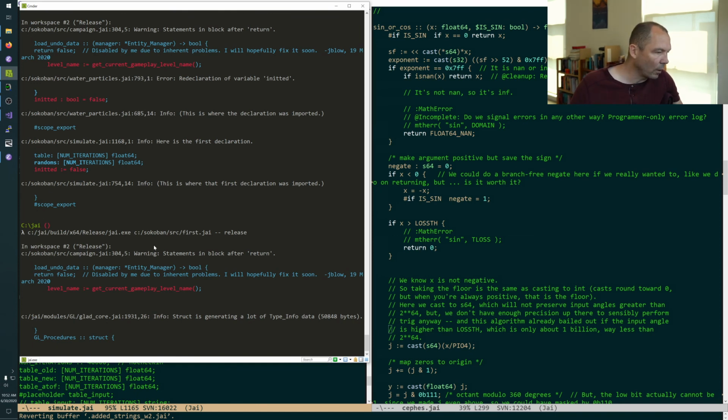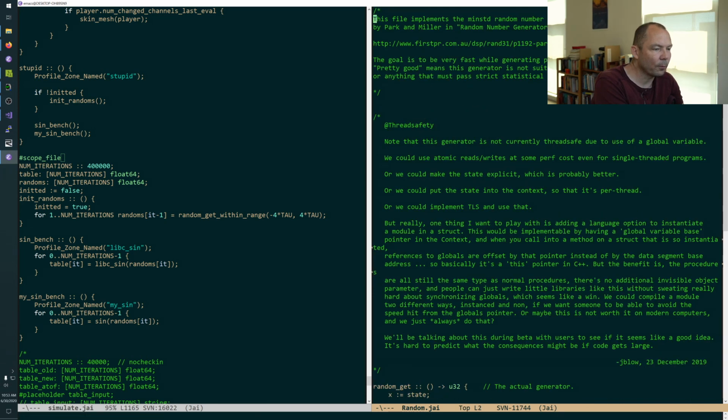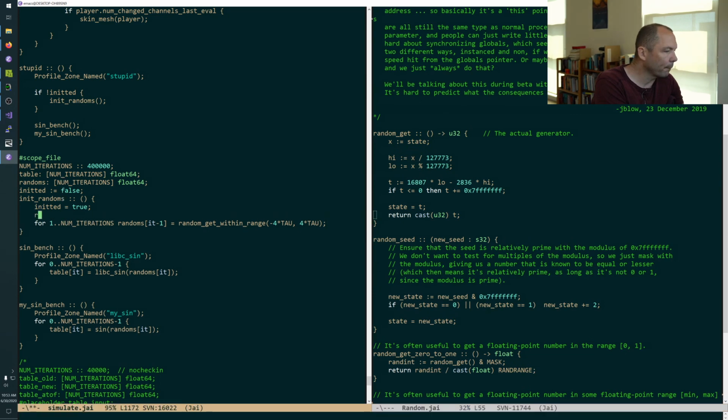Call init random. Well, so we start with a kind of a reasonable seed. Oh, but we should make sure, yeah, okay. So, yeah. What's a good number that's relatively prime with 0x7FFFFFFF?